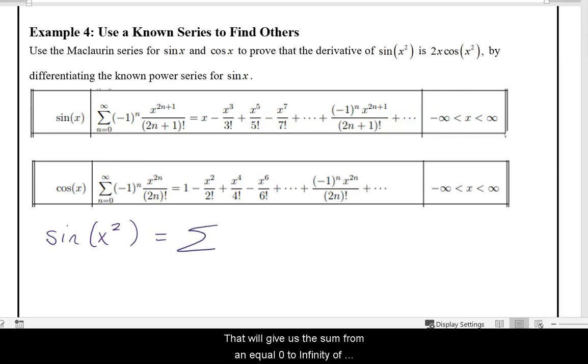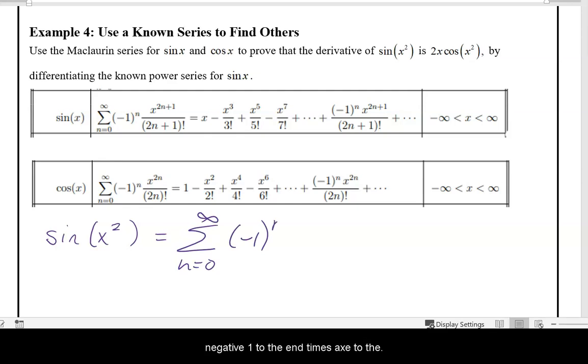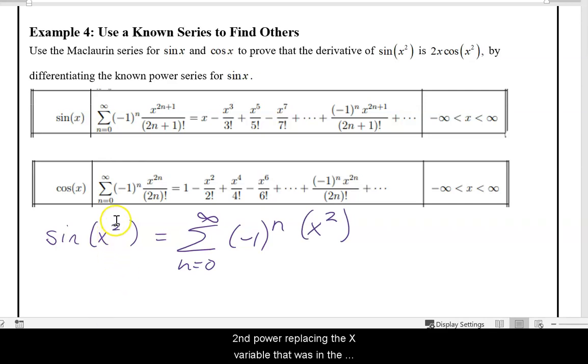That will give us the sum from n equals 0 to infinity of -1 to the n times x to the second power, replacing the x variable that was in the formula for sine of x, all raised to the 2n plus 1. Note that I replaced just the variable x in the formula for sine x with the x squared that is the argument for sine of x squared.